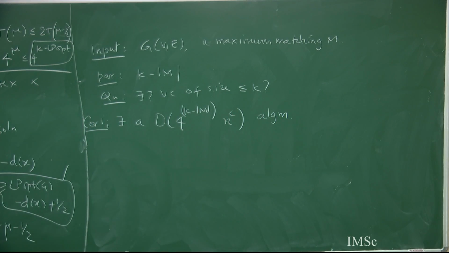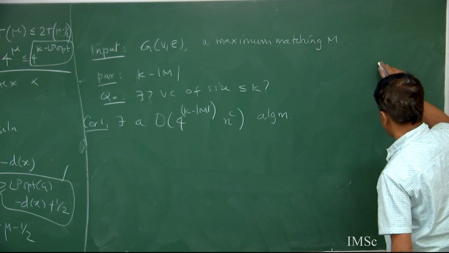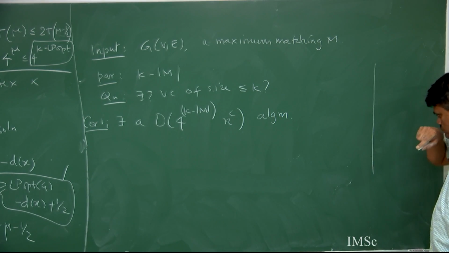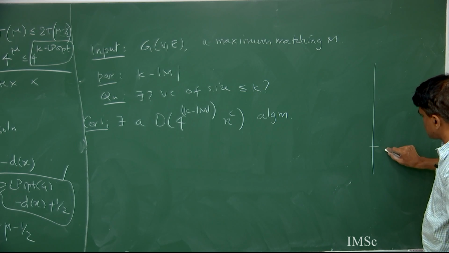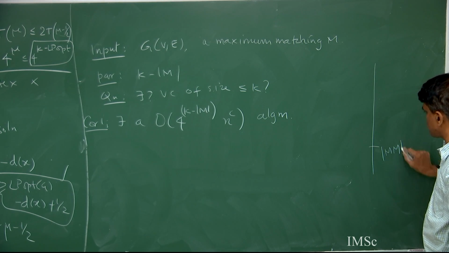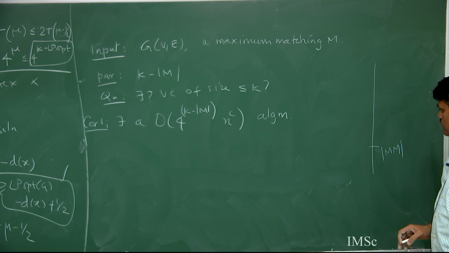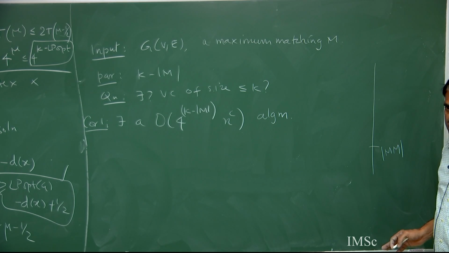So how does this follow? If you draw a line, my maximum matching is somewhere here, the size of the maximum matching. Where does vertex cover lie? Above this.